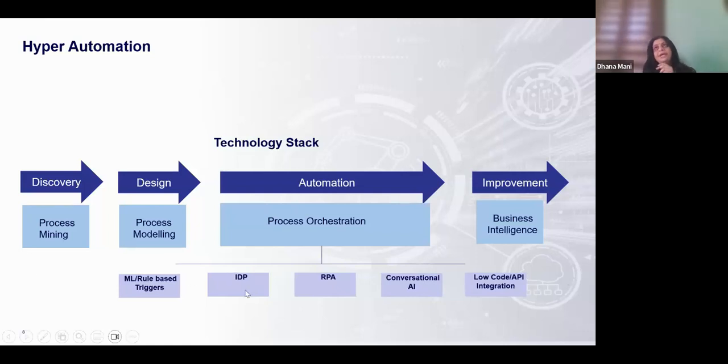What is IDP? IDP is intelligent document processing. Example, take claims policy, insurance. Some invoices will come, and there are things like your doctor's prescriptions that sometimes nobody can even read. Sometimes they are handwritten documents.